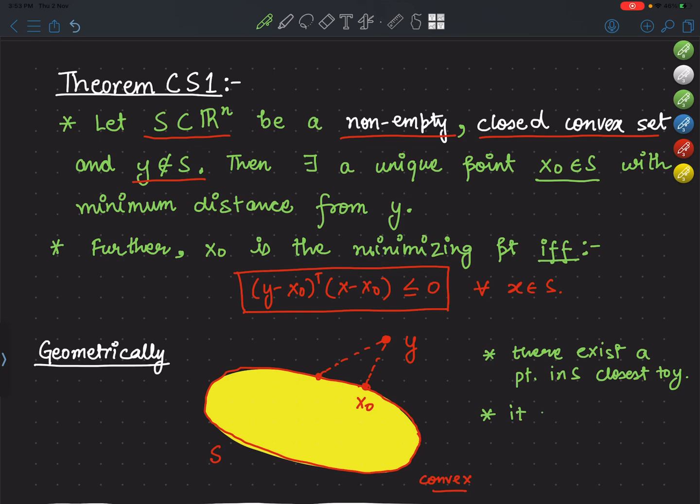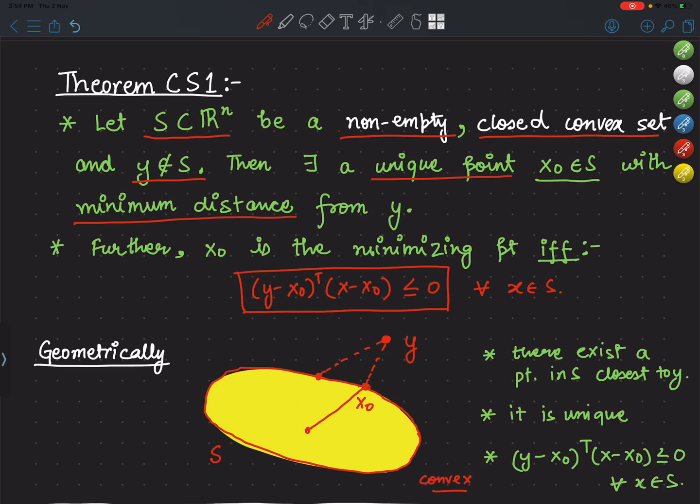It also says it is unique, a unique point with minimum distance. And the third thing the theorem says is that x0 is that point if and only if this condition is satisfied for all x belonging to S. So let's say there is some point x.